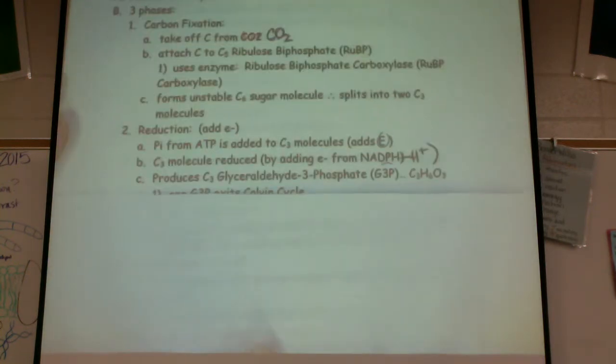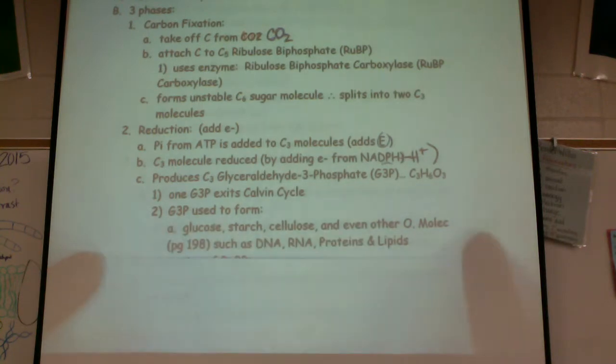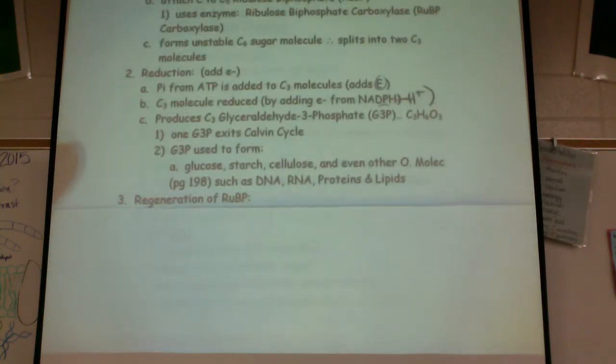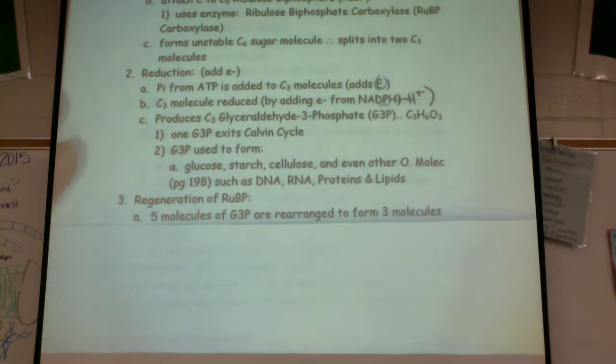So, this G3P, okay, one of them goes out, and that's used to make all sorts of different organic molecules, right? But what happens is, one goes out, 5 go around.